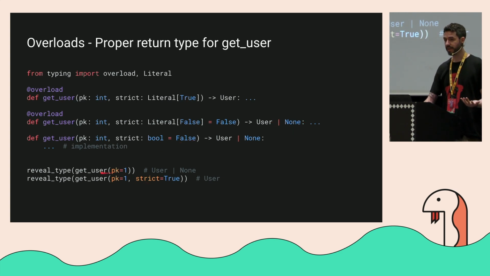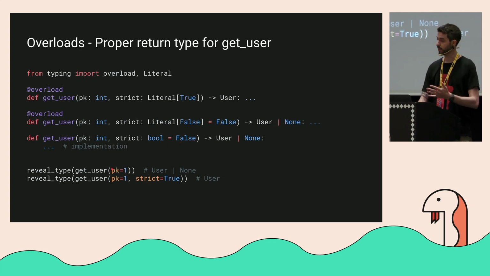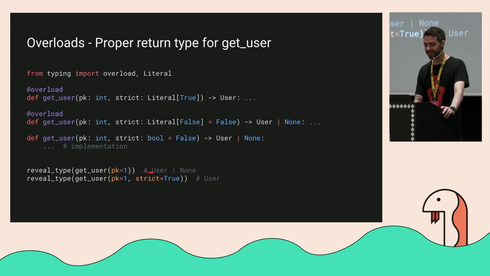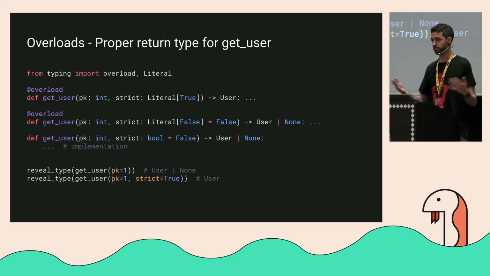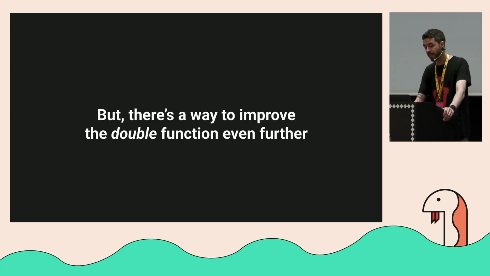And then I can have this. I can do a get user without strict, which is going to give me user or none. But if I pass strict, now I am sure that I get a user. I don't need to check, oh, is this none or not? And if I don't get it, I want it to fail. I don't want to have silent errors.